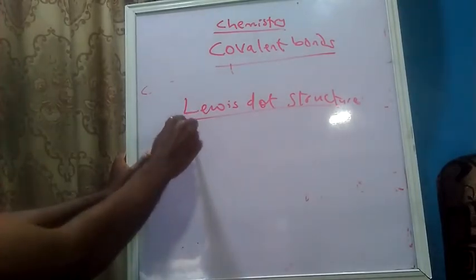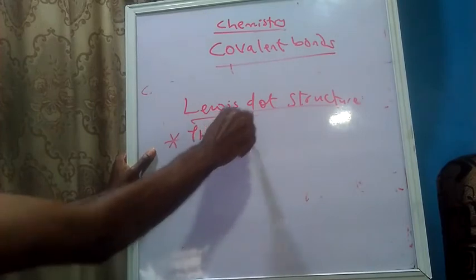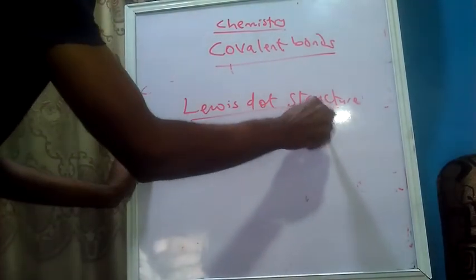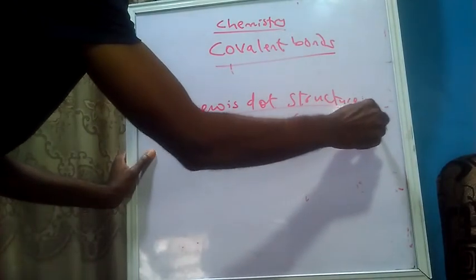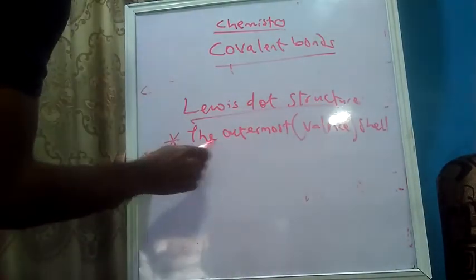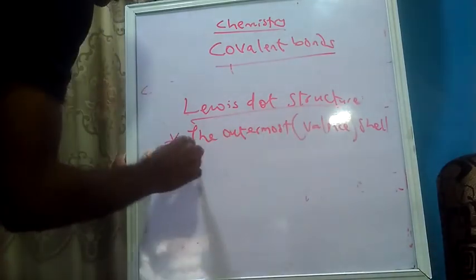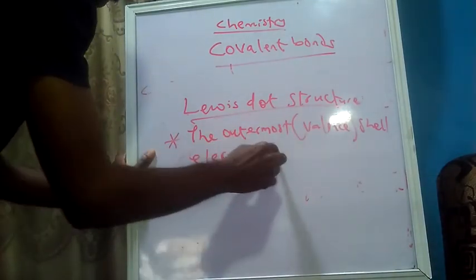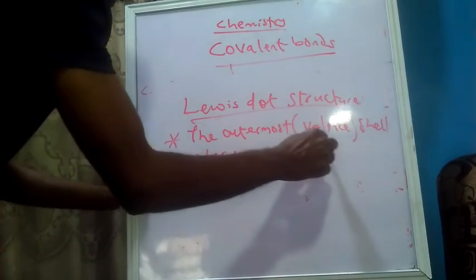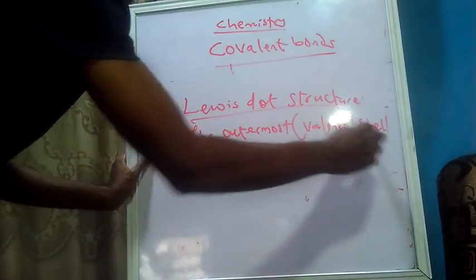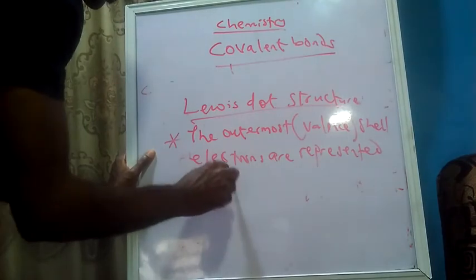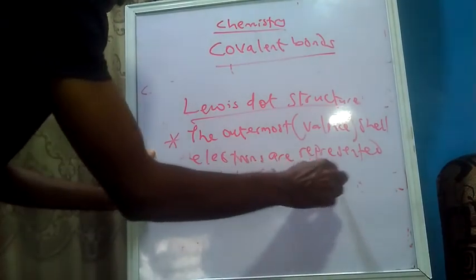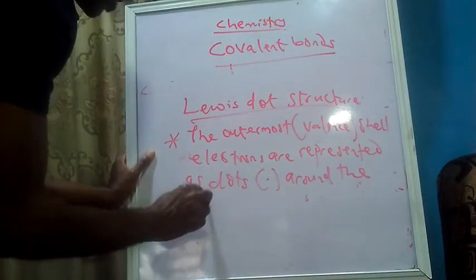In Lewis dot structures, the outermost valence shell electrons are represented as dots around the atomic symbol.